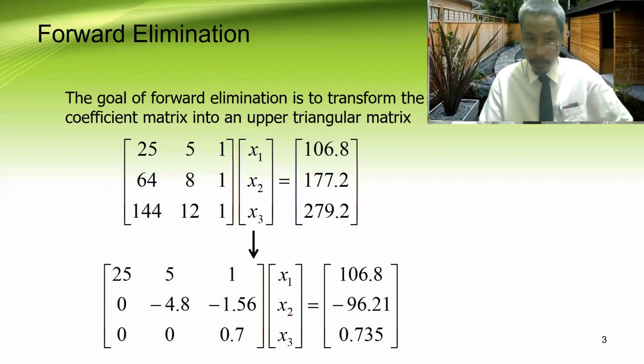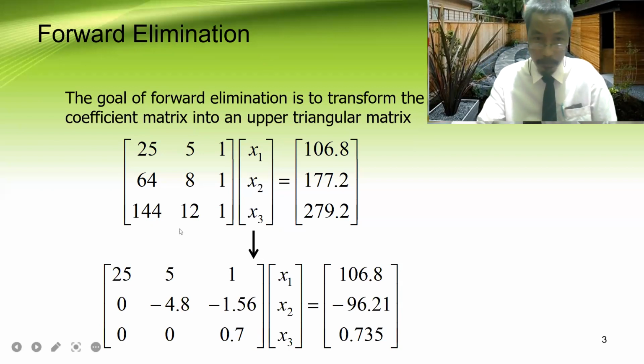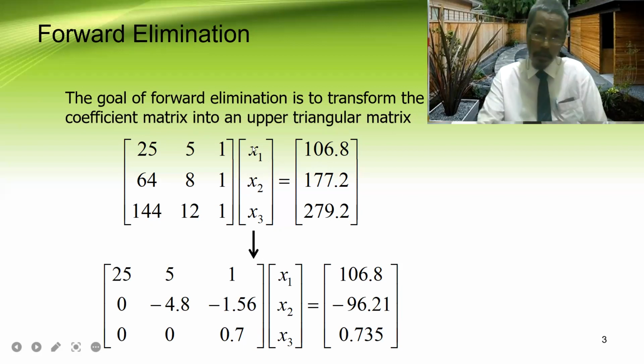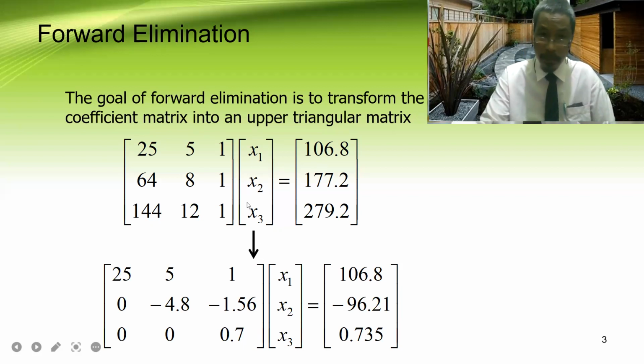Actually, this is just a 3 by 3 matrix. On this left-hand side, we have the matrix A times vector x is equal to the vector of constant values. These are the variables: vector x, x1, x2, x3. So there are 3 unknowns, x1, x2, x3, and 3 equations.